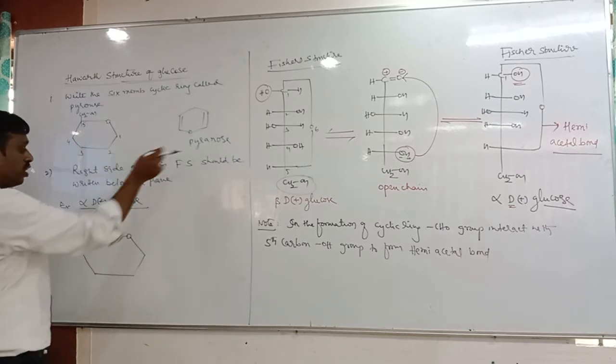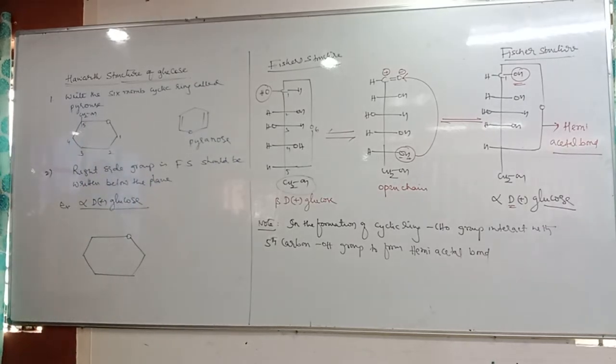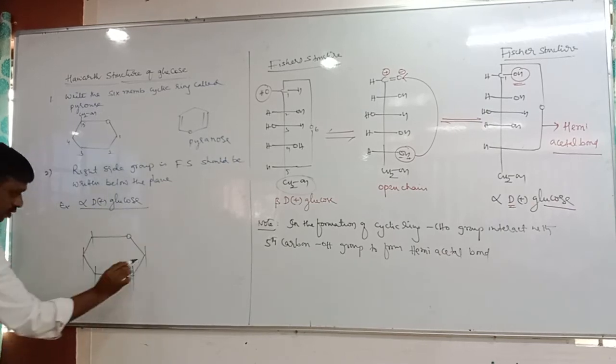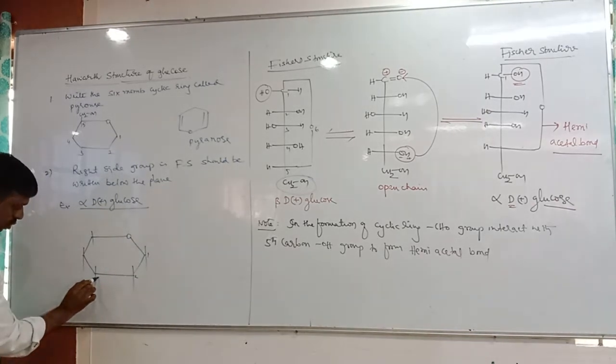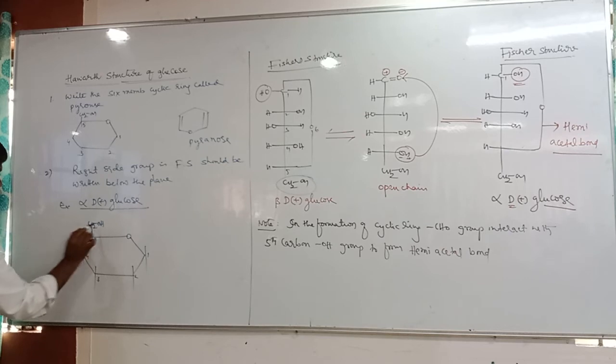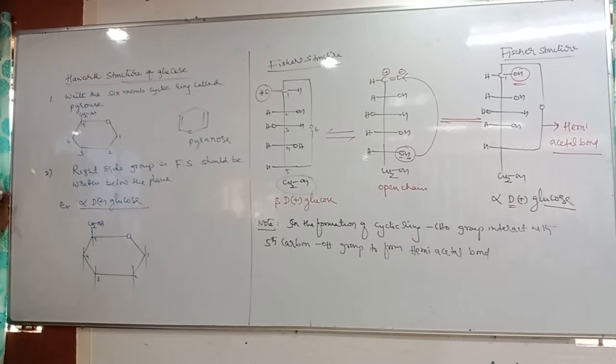Now this is carbon atom 1, 2, 3, 4, 5, and 6 is CH2OH, the 6th carbon.